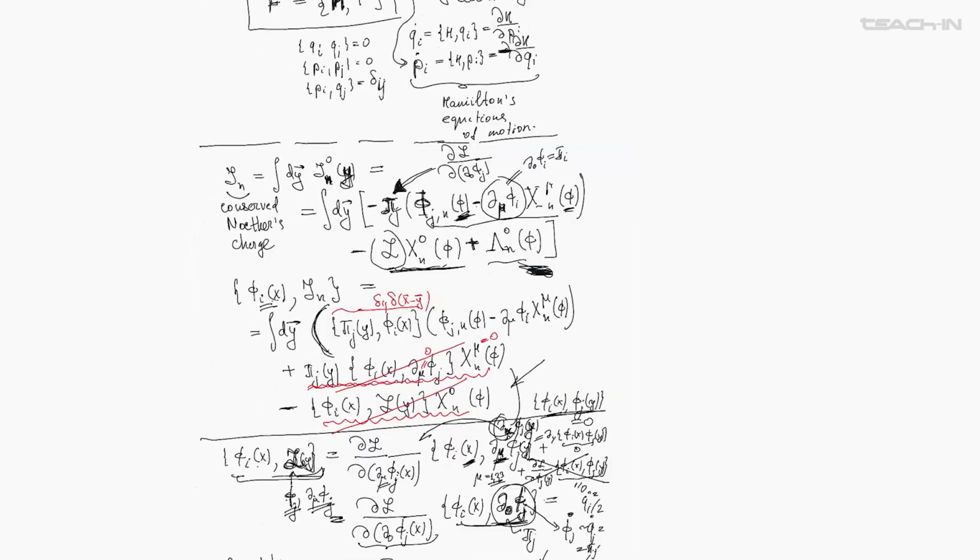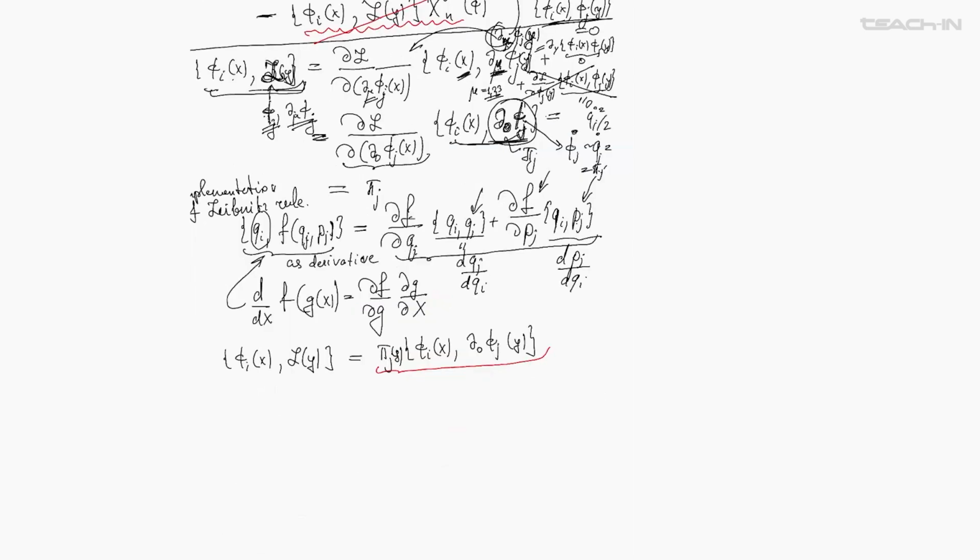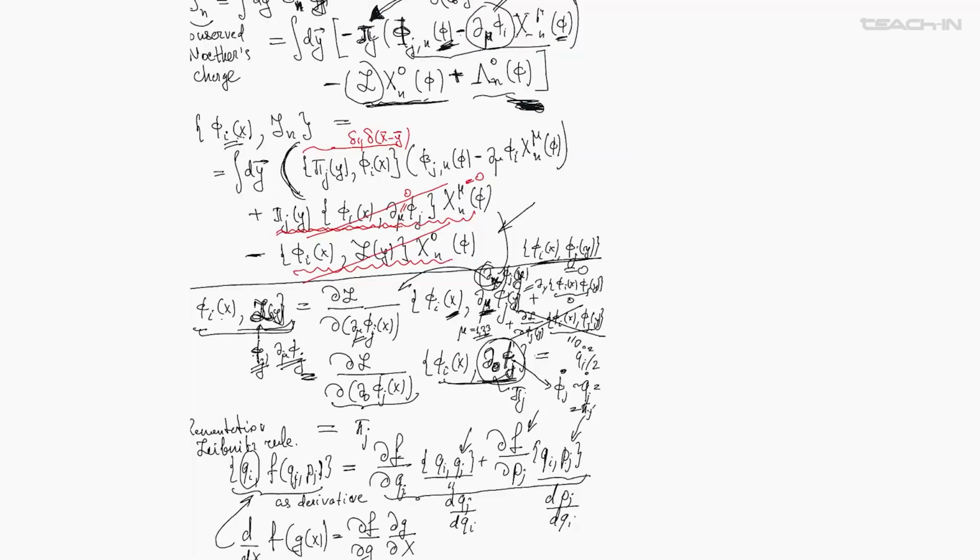And I'm finding the following simple expression: the Poisson bracket of phi_i on x with a conserved current, this Poisson bracket, equals phi_i in response minus d_mu phi_i x^mu_n, and over mu here there is a summation. So only this term is left over upon integration over y.